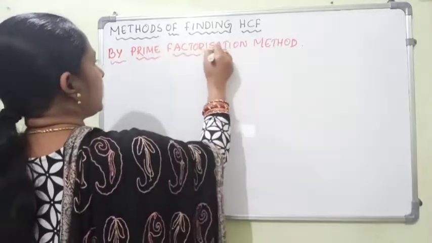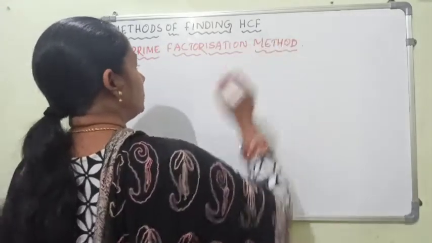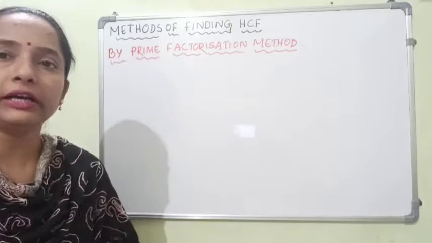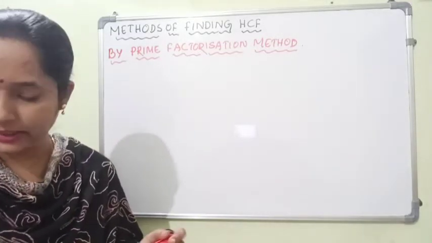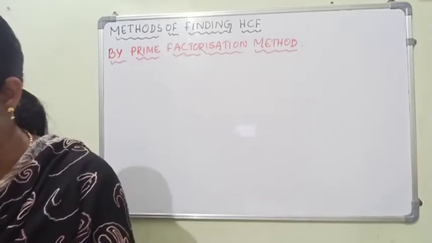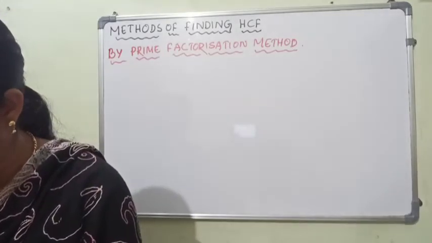So let's take an example and find out how to find the HCF of any given numbers by the prime factorization method. So let me take some examples and solve them.